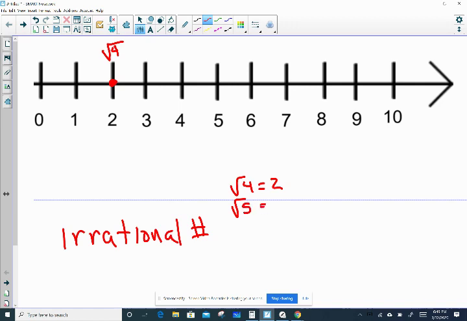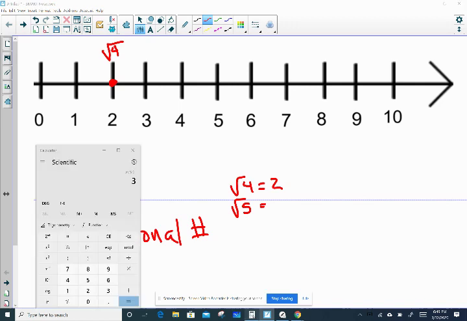Well, the square root of 5 is just bigger than the square root of 4. In fact, let's see how much bigger it is. Watch what we're going to do. We're going to take 5 square root. Look at that, 2.236. And notice all of those crazy numbers.